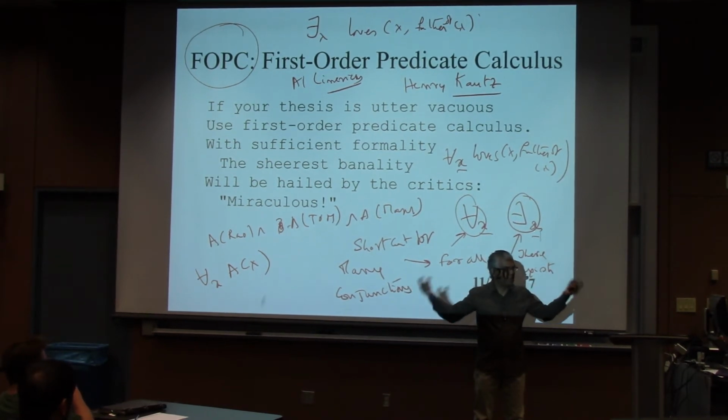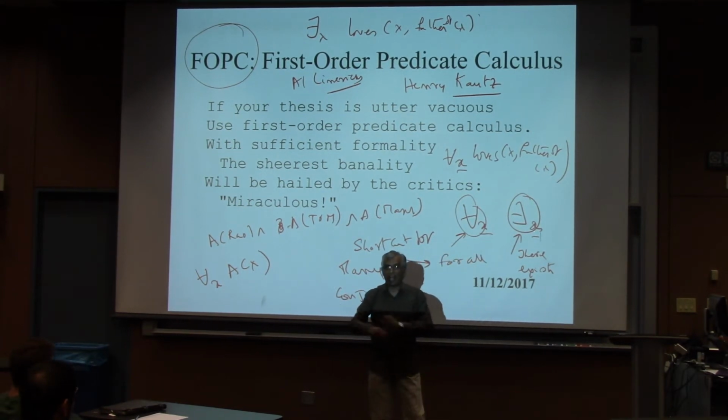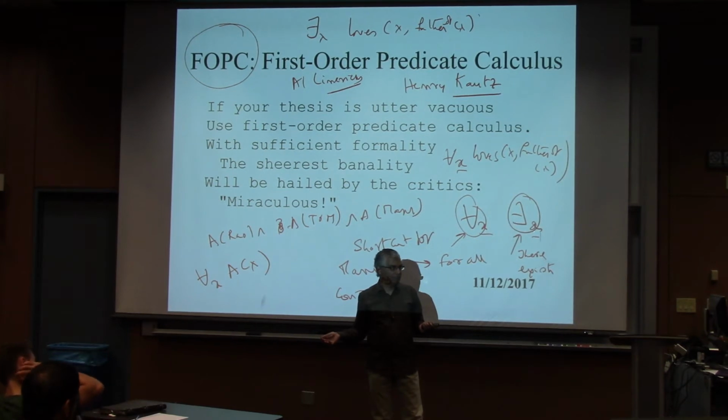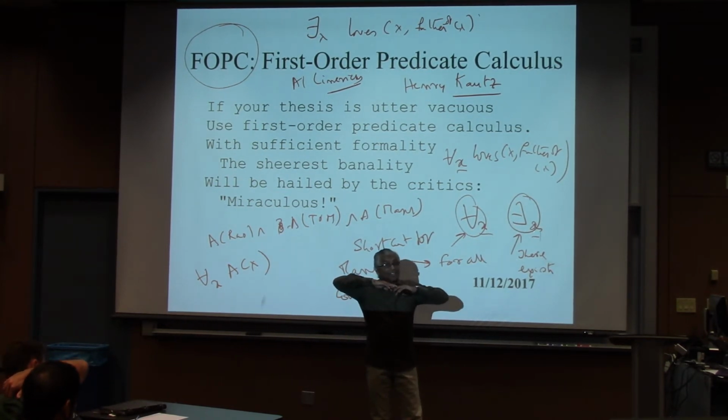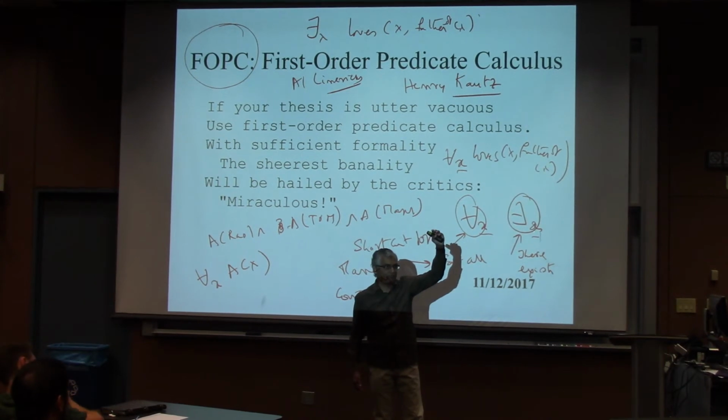These x's range over objects. Quantification is over objects, or terms, not over predicates. You see what I'm saying? And because of which, as impressive as this logic is, there are logics that can write stuff even more compactly. And they will be even harder in terms of complexity of inference. Okay?